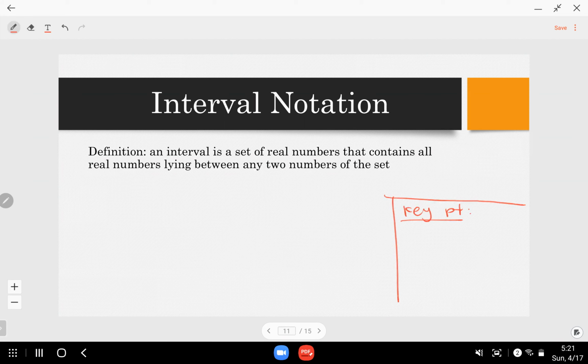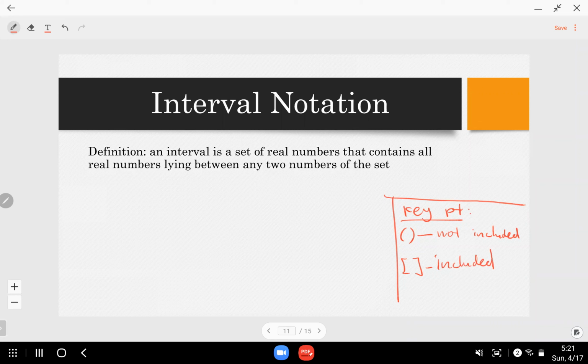The normal parentheses means not included, and I'll explain this later. And then the square brackets, just write this down real quick, means included. So what do I mean by not included and included?